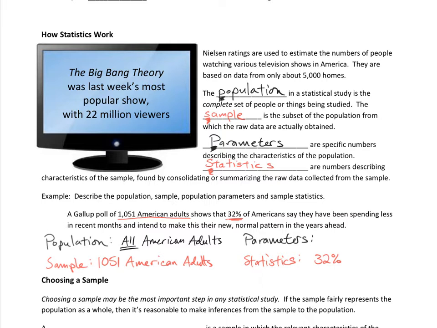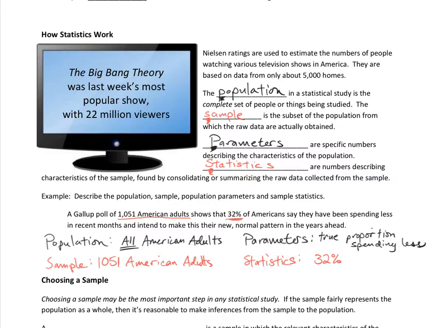The parameter here would be the true proportion of American adults spending less. Remember, for a statistic, this is just our best guess based on information that we were able to draw.